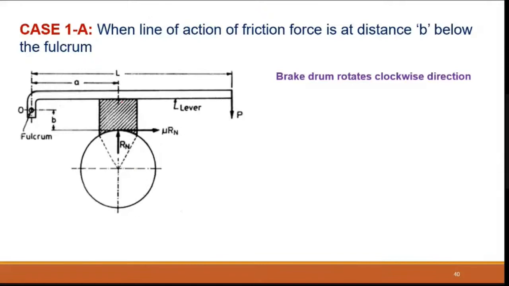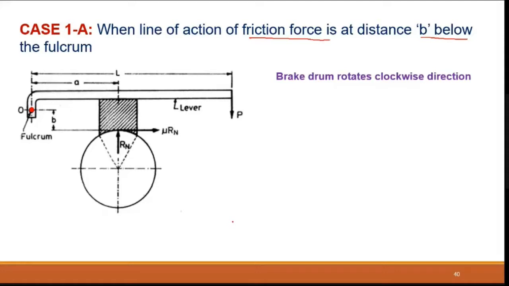Now let me consider case 1. The line of action of the friction force is at a distance B below the fulcrum. This is my fulcrum, which is the hinge point. Your friction force is B distance below.